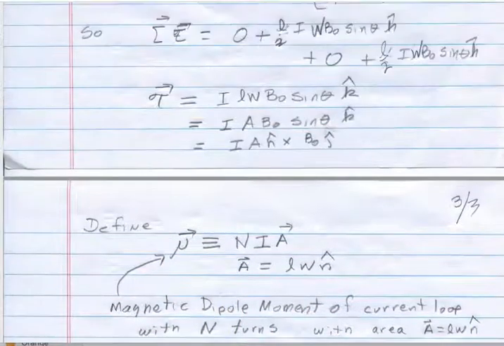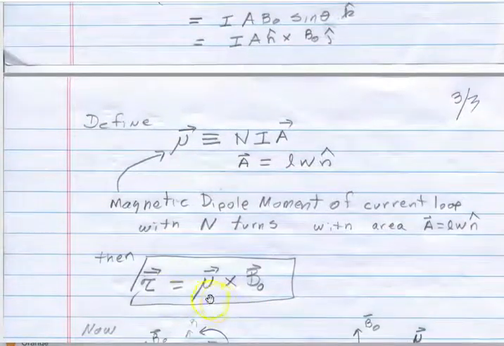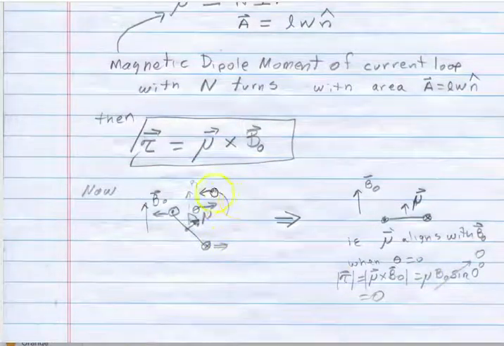And when we use that, this expression with an N in front of it to extend it to N turns is just the total torque on the loop. It tends to rotate things around so that the magnetic moment aligns with the direction of the magnetic field. So if I release this system in this configuration here, it would tend to rotate around the z-axis until the two are aligned.